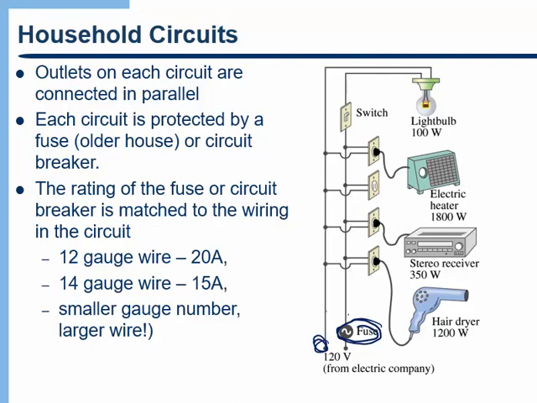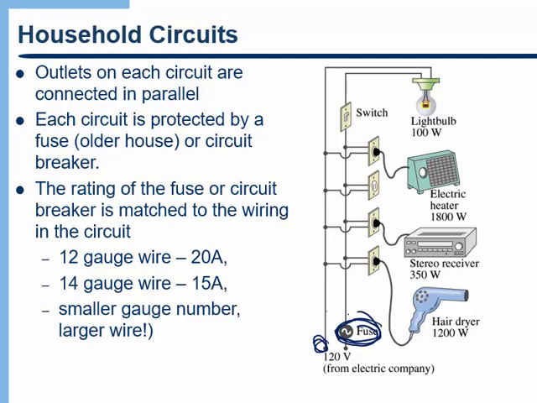We always want the voltage to be the same. So I always want to know that when I plug in, I get 120 volts. Notice, by the way, if we instead wired things in series, if I wanted to use my hairdryer, I'd have to turn on my stereo receiver and my electric heater to make it all work, which obviously wouldn't make sense. So outlets on a given circuit are connected in parallel.